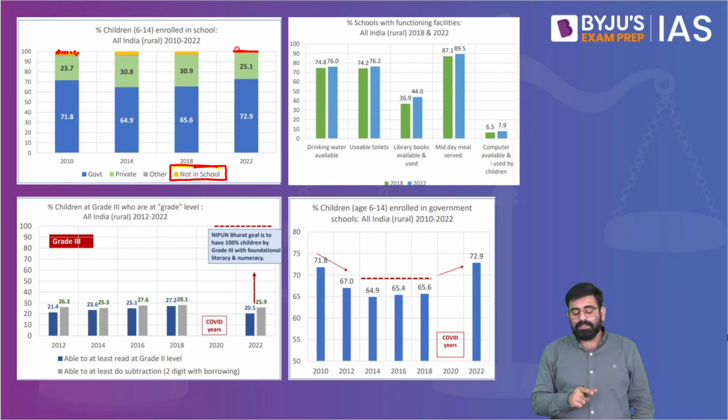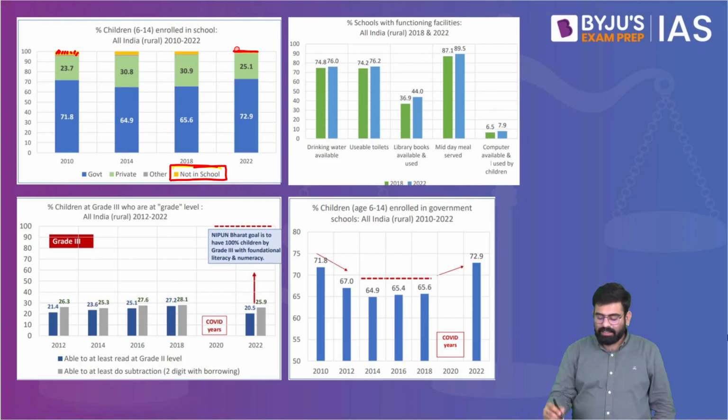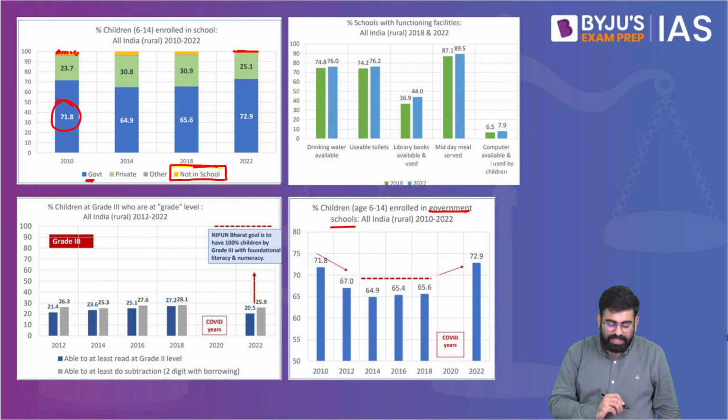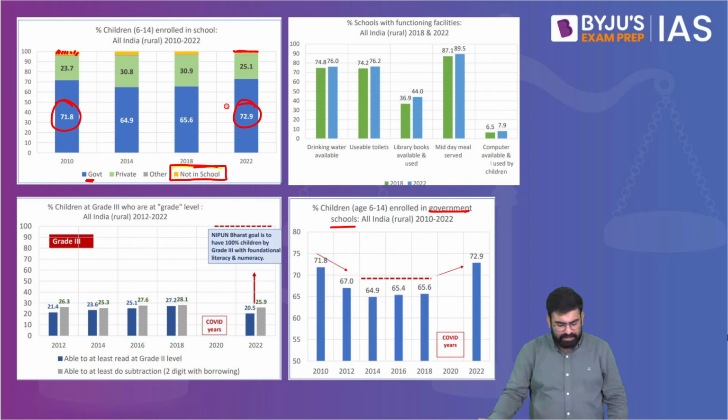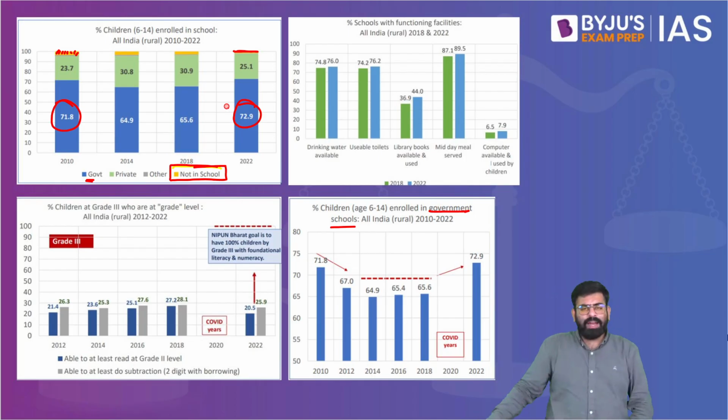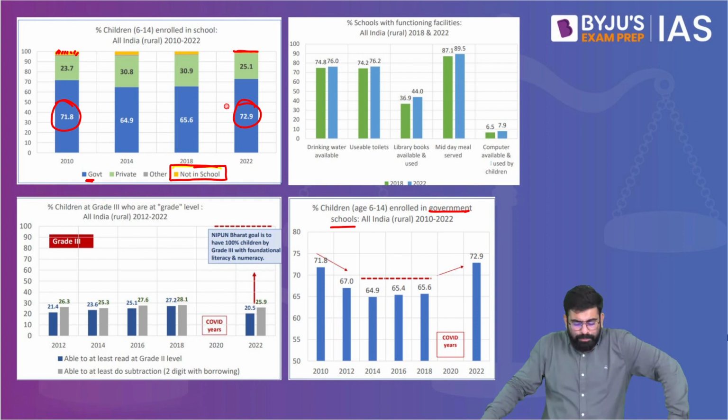But the number of children enrolling in government schools is also increasing. 71% of the students were getting enrolled in government schools, now it is 72. There has been a dip in the other two surveys, but you find most of the students in rural areas are actually enrolling in government schools.